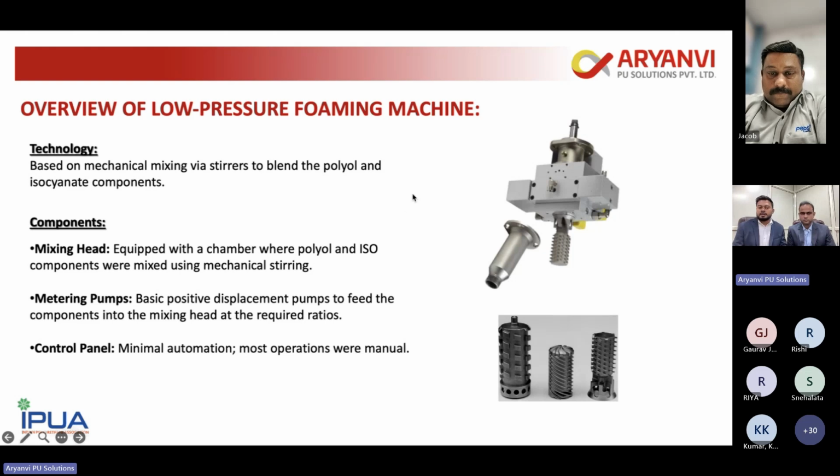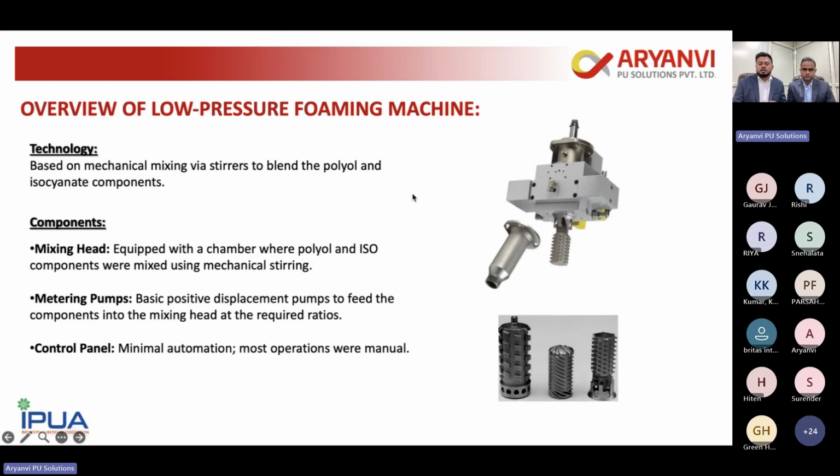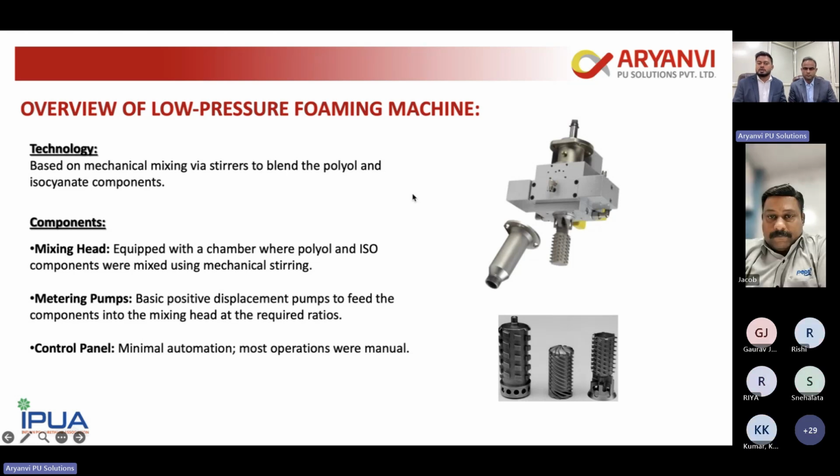Then the metering pump, which includes the motor and the pump to transport both chemicals, polyol and isocyanate, from the chemical tanks to the mixing head system. In this kind of machinery, basically a positive displacement pump or gear pump is used for the transfer of these chemicals.